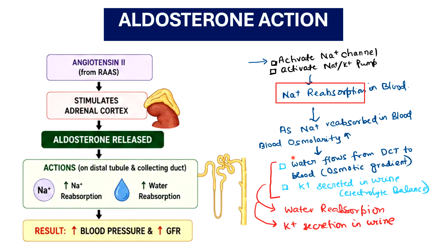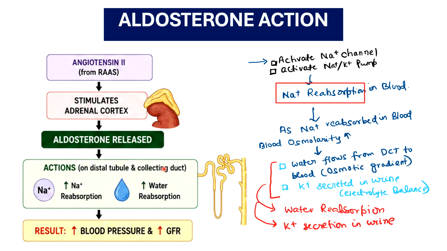So ultimately what are we doing here? We are conserving the loss of water from the DCT and collecting tubule, or more water is being reabsorbed due to the action of aldosterone into the blood. And how is that happening? This is happening because of the increased sodium ion reabsorption.